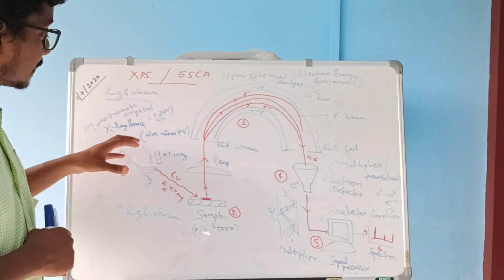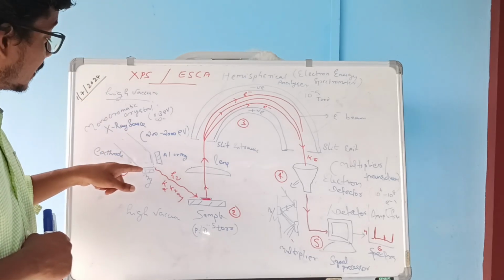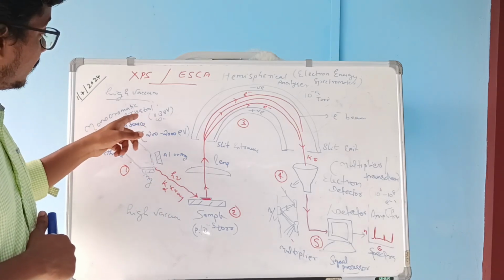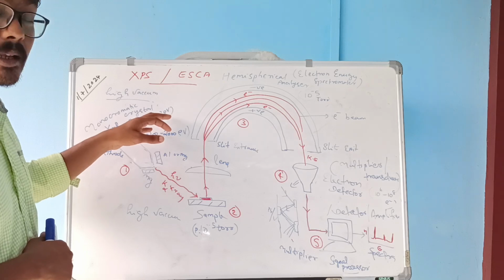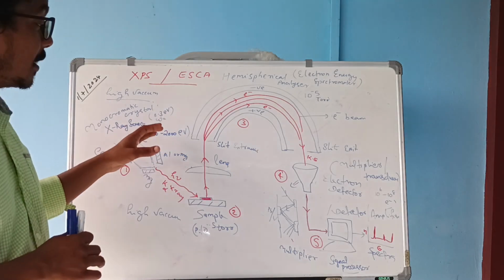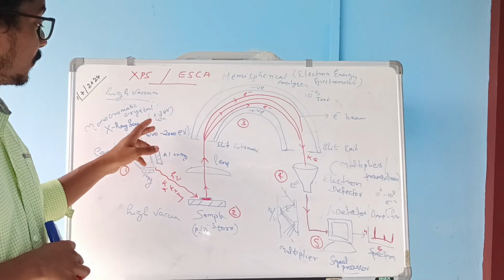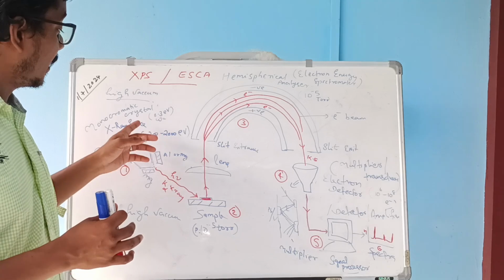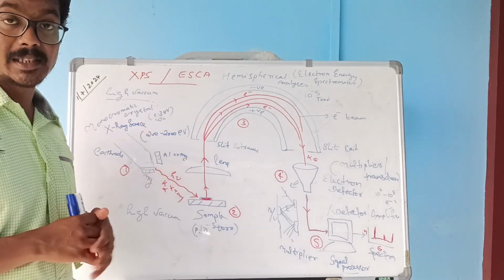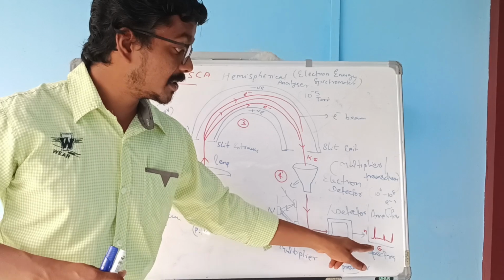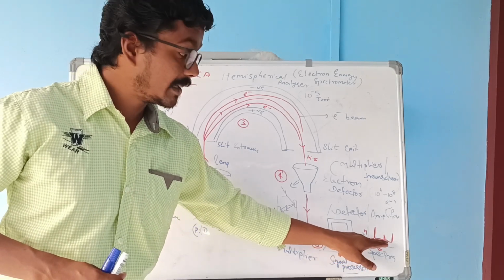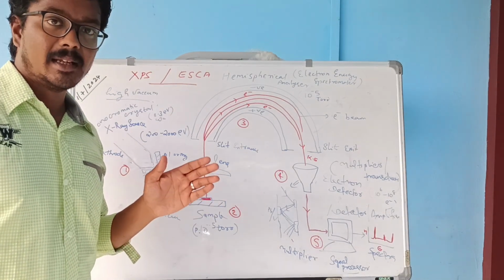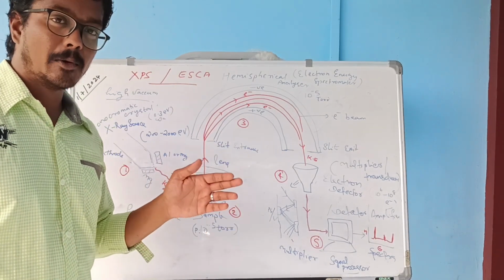The bandwidth of the X-ray should be 0.3 electron volt, and the potential of the X-ray beam is 200 to 2000 electron volt. That is the potential, or the energy. That is the energy range of the spectrum on the x-axis, 200 to 2000 electron volt, or sometimes 200 to 1500, or below 200 also.